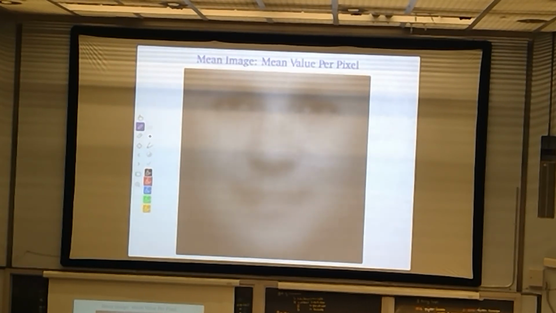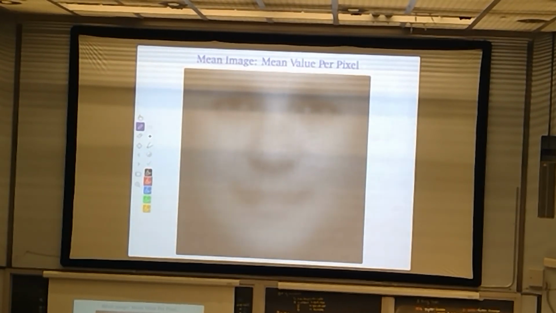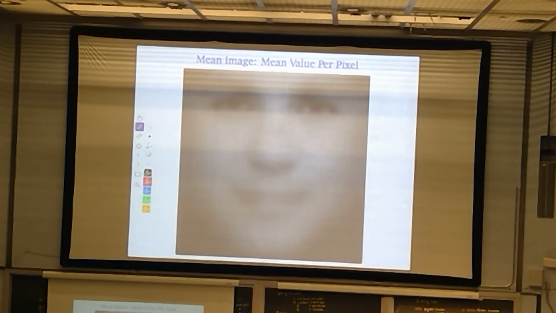Given the data, the first step of PCA is mean centering. So let's calculate the mean image. The mean image is essentially, I add all these images together, pixel by pixel. They are all aligned, right? The first dimension is the first pixel, the second dimension is the second pixel.